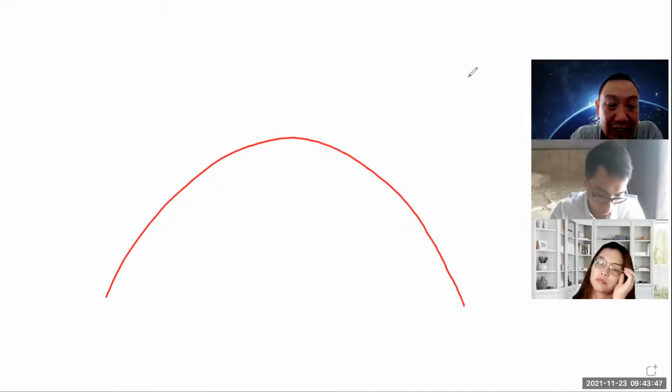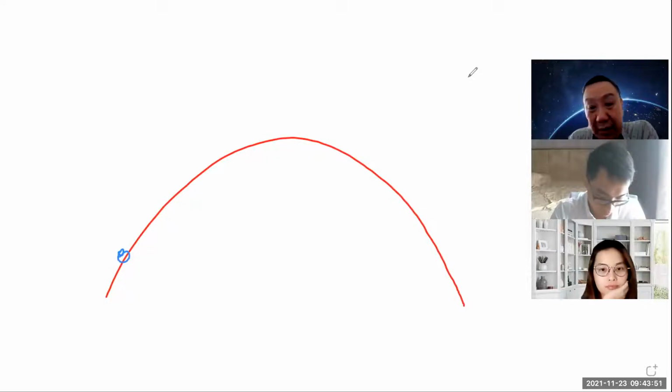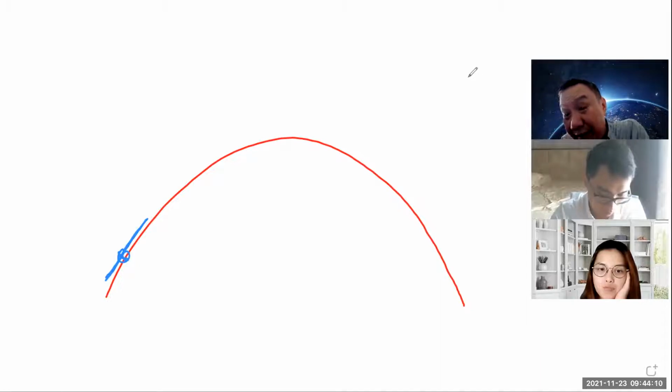You start here, for example. Using the GRG method, or Newton-Raphson, you start with an initial value and find the gradient, which is the derivative.